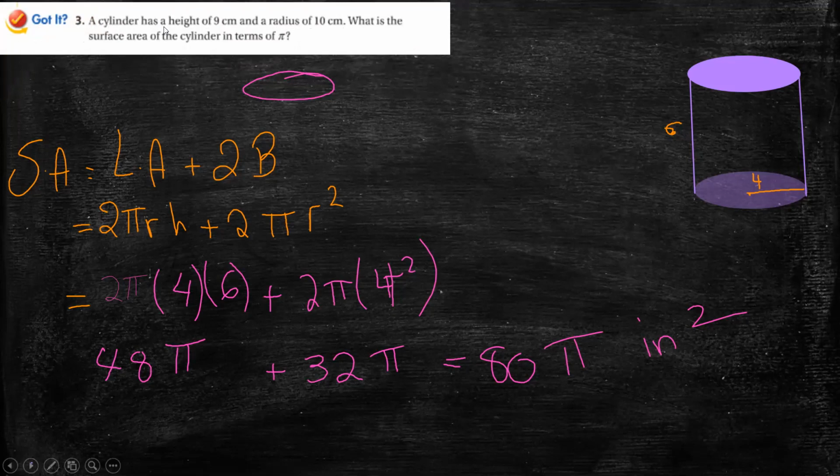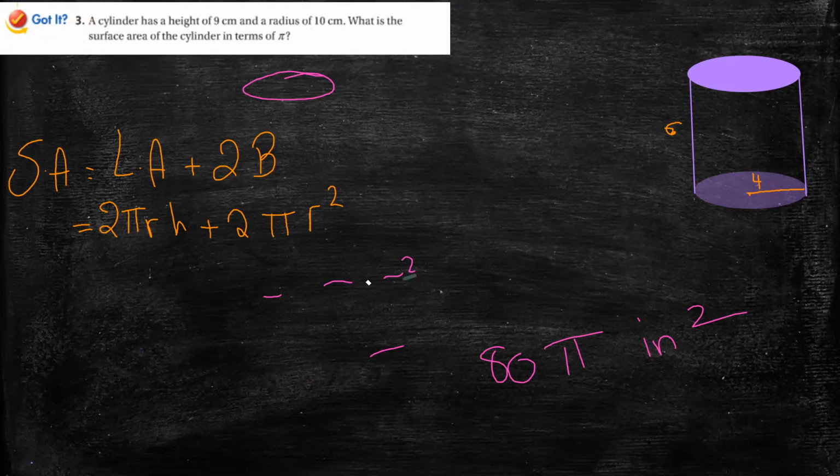Now, a cylinder has a height of 9 and radius of 10. We have to do the same steps but with different numbers here.